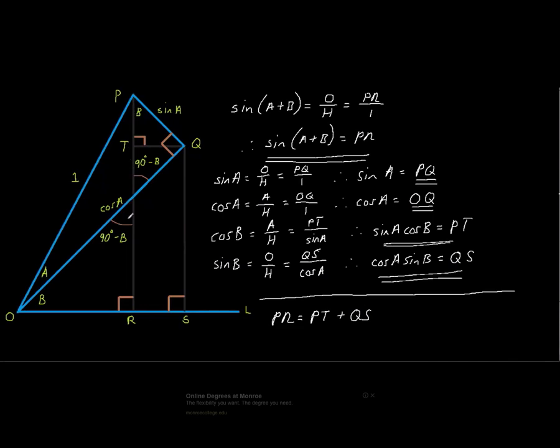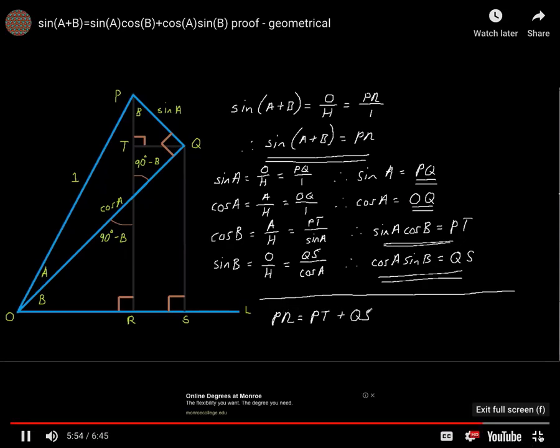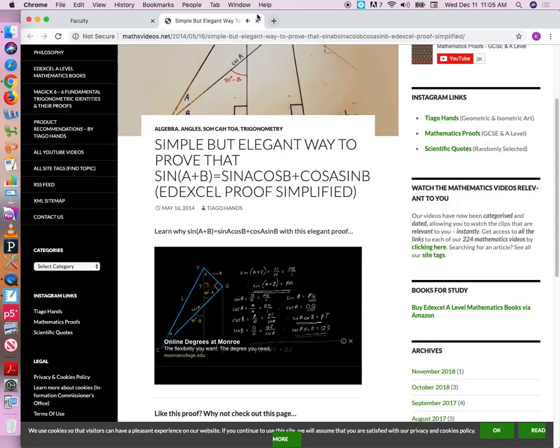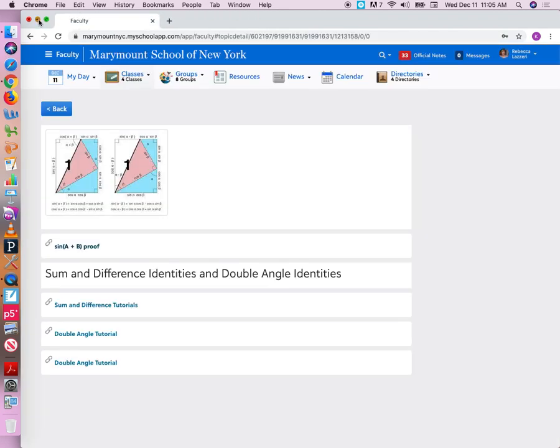PR is this line that goes all the way down, perpendicular to the line L. And it's made up of PT plus the TR. But we can see that segment TR is the same length as QS. Therefore, PR equals PT plus QS.